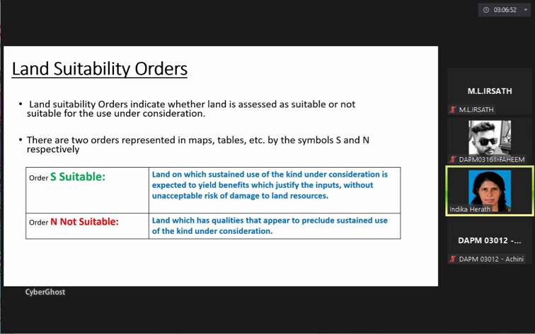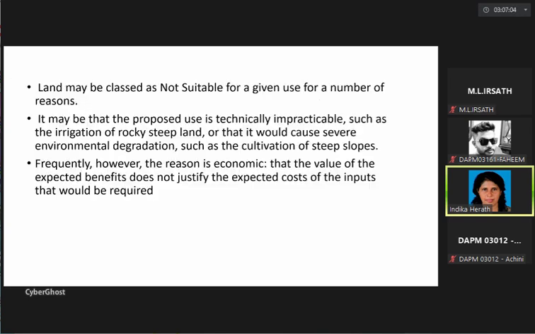And there are two orders in maps, suitable and not suitable. Even suitable is far broader and later divided into small sections. Land may be classed as not suitable for a given use for a number of reasons.